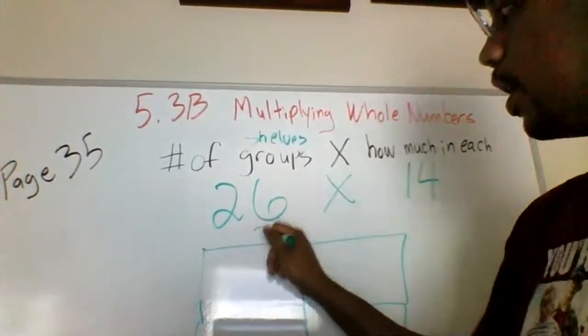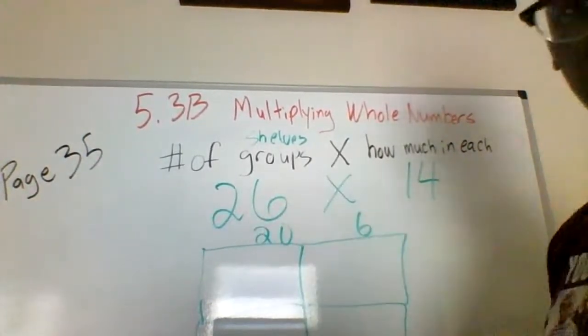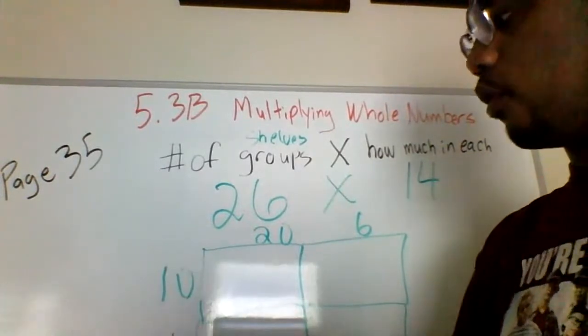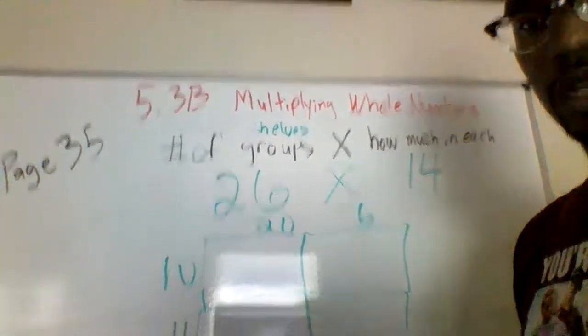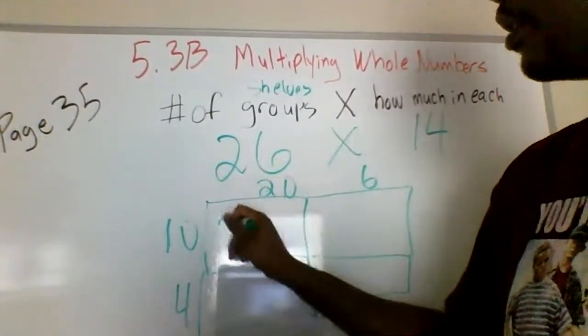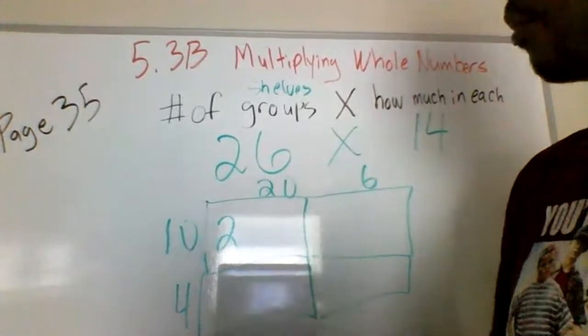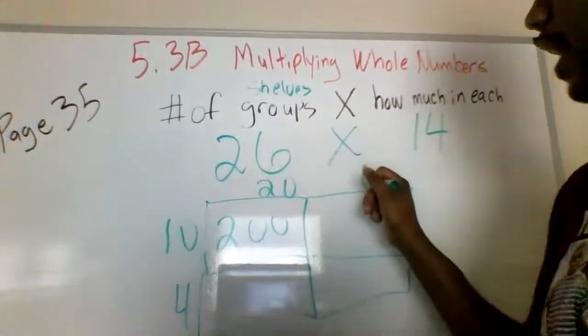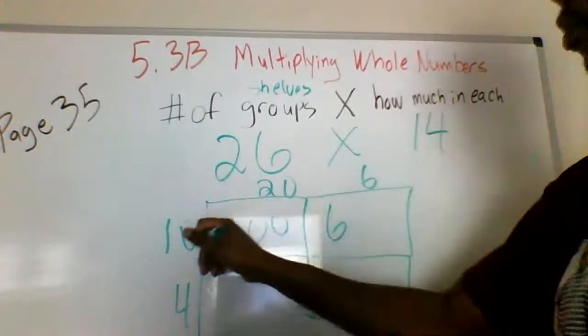26 is 20 plus 6. 14 is 10 plus 4. 1 times 2 is 2 with 2 zeros behind it. That's 200. 1 times 6 is 6 with 1 zero.